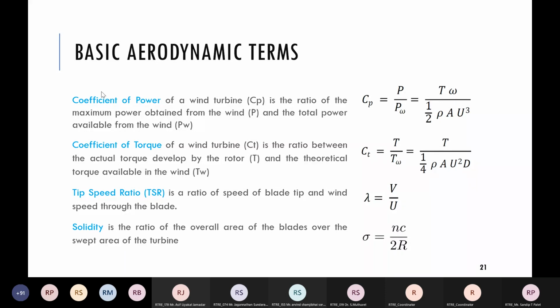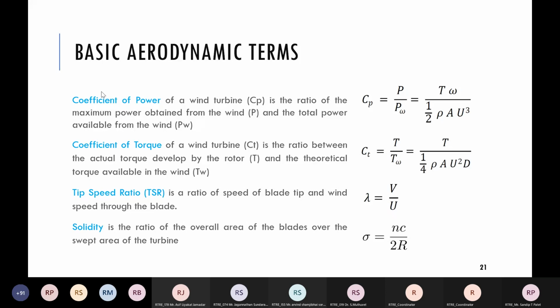It is the tangential velocity of the tip of a blade, meaning the tip of the rotor, divided by the apparent wind speed. And finally, the solidity. It is the ratio of the overall area of the blades over the swept area of the turbine.